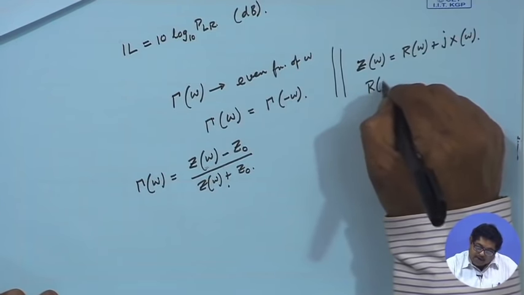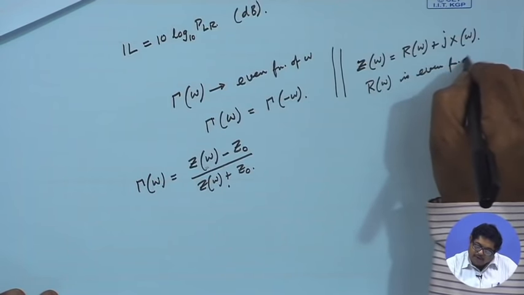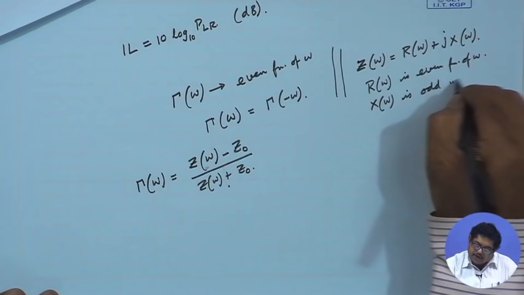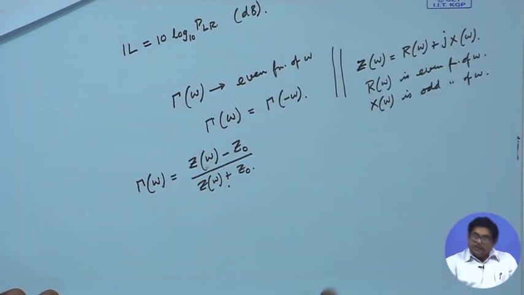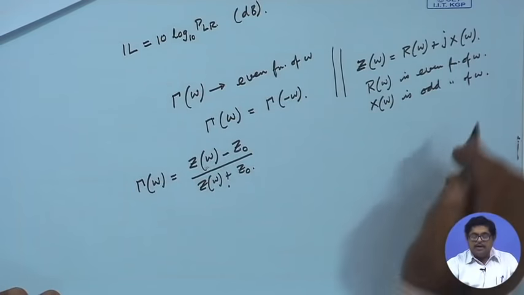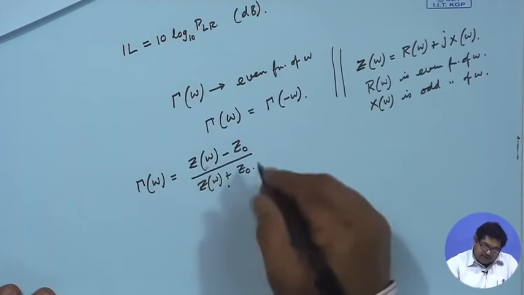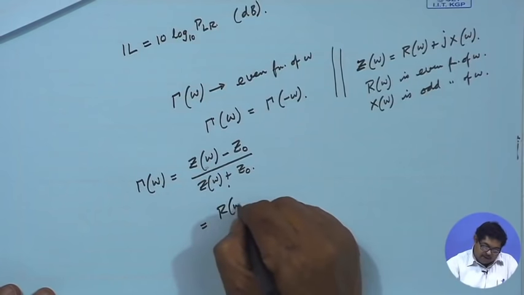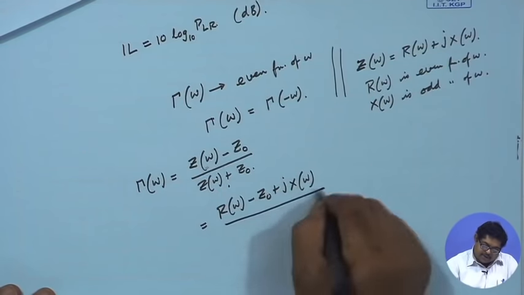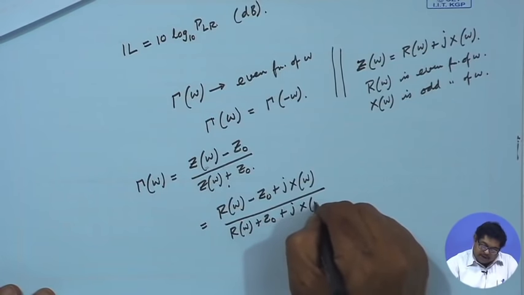R omega is always again an even function of omega, and x omega is an odd function of omega. These properties are also true, as I said that gamma omega is an even function. So, we will write that this will break into R omega minus Z naught plus j x omega, and R omega plus Z naught plus j x omega.